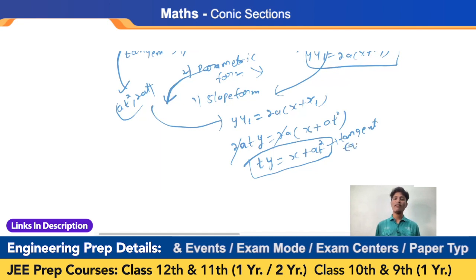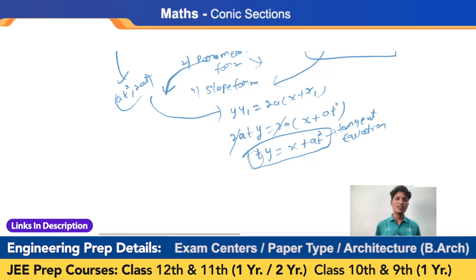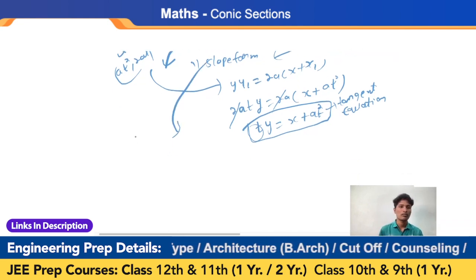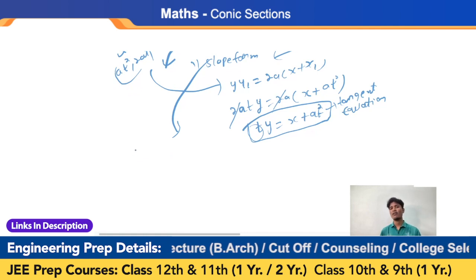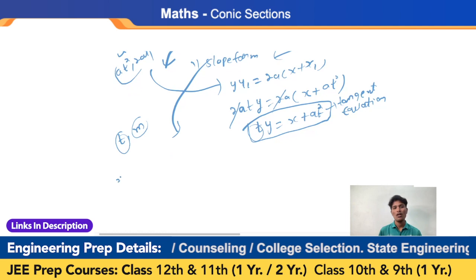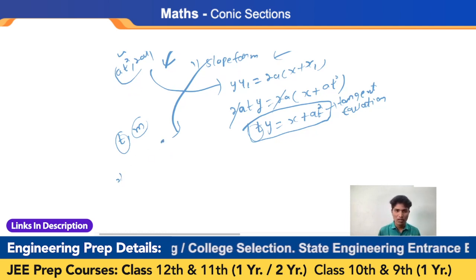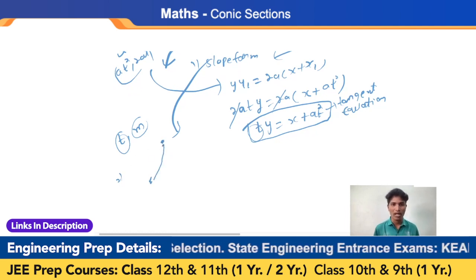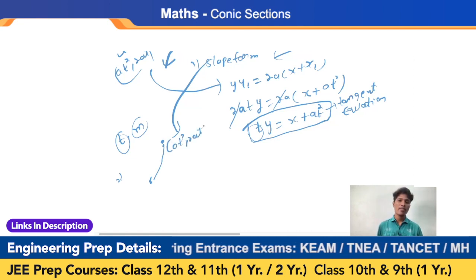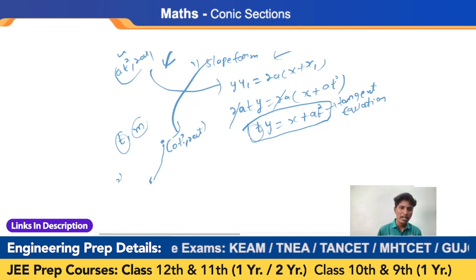This is the tangent equation, and here t is a parameter. If it is a slope, you have to find the relation. How can we find the relation between t and m? Suppose I take two points on the parabola: (at1 square, 2at1) is one point, and (at2 square, 2at2) is another point.